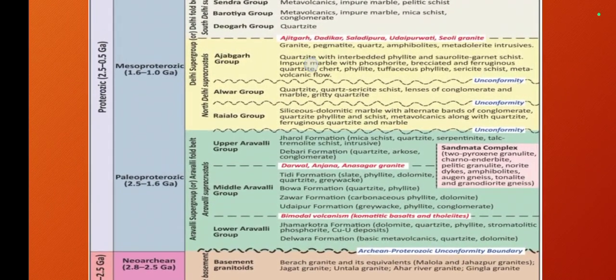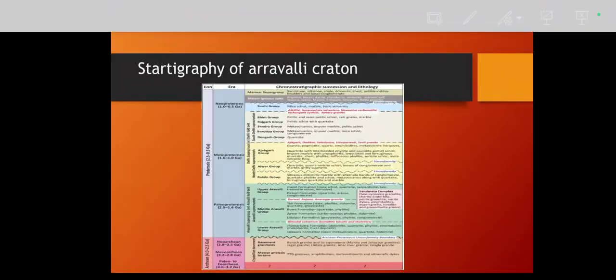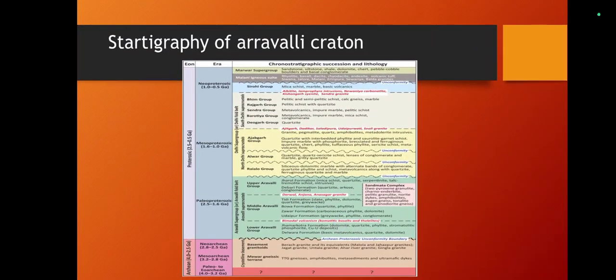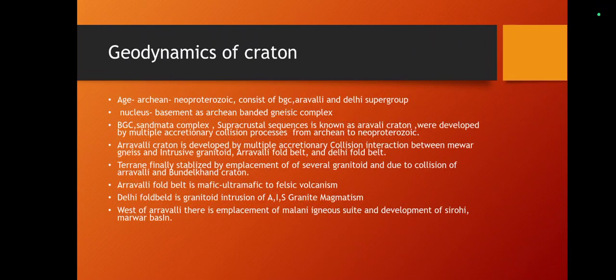And as you all know, here the basement is of TTG and granitoids. So this is how the nucleation, accretion, amalgamation, and finally stabilization of the craton has happened.